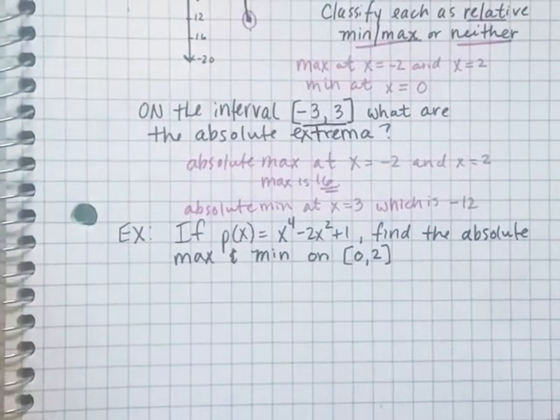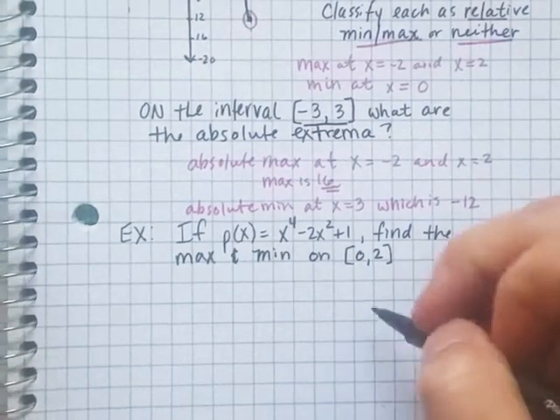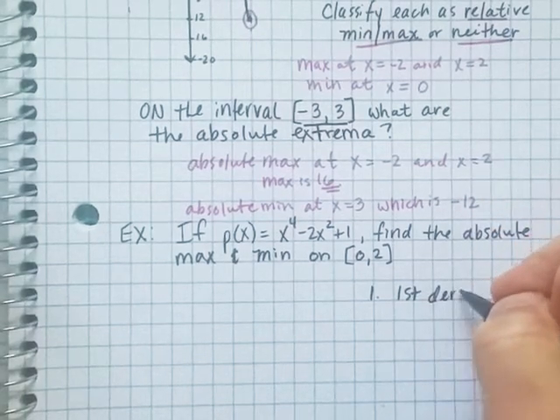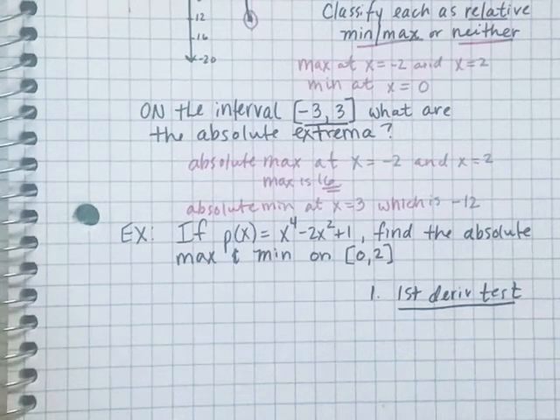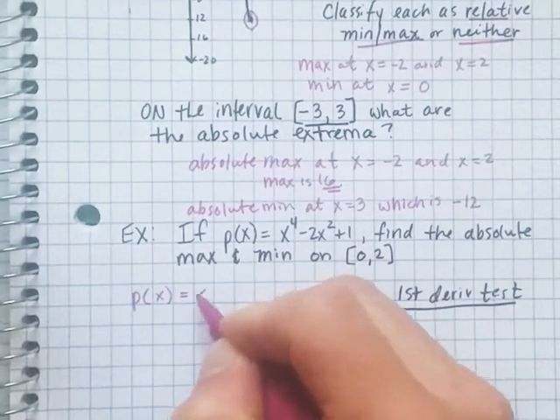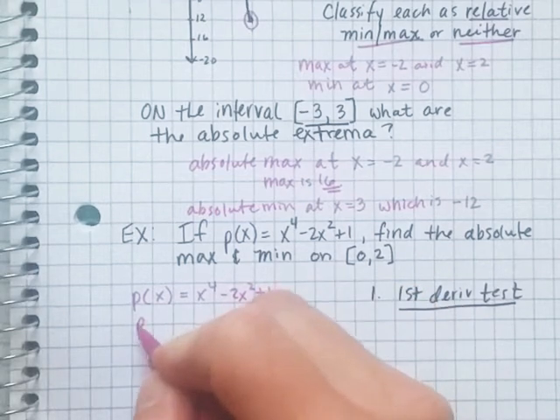What we're going to do is find the absolute max and min of this on that interval. We're going to start by doing the first derivative test. If you need those steps broken down for you, absolutely go back and take a look at those. But our first derivative test, just remember, is when we take the first derivative to find critical points.